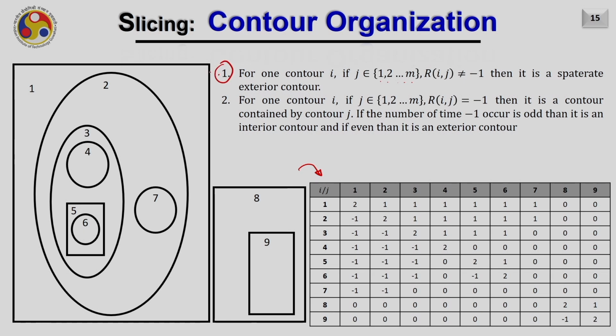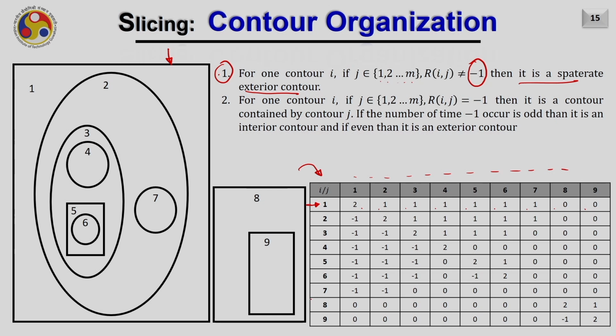One is for a contour i, if we consider all the columns j, and no cell has value equal to -1, then it is a separate exterior contour. For example, let us look at this contour number 1. It does not have a -1 anywhere for different values of j. Hence, it is a separated exterior contour.